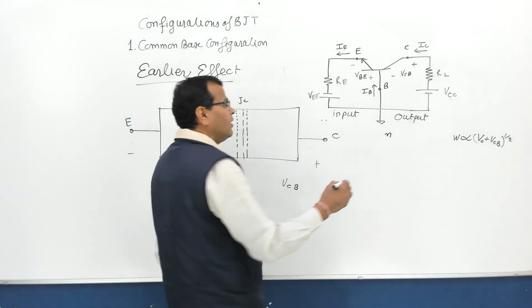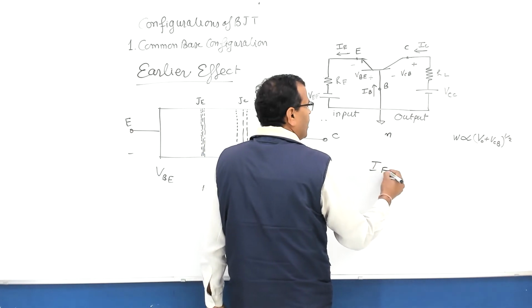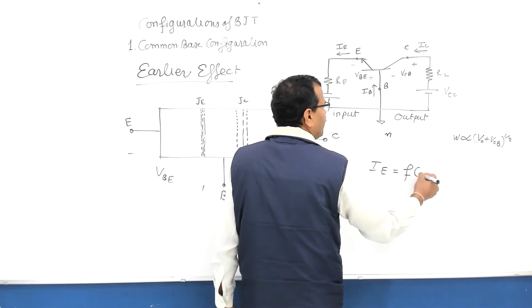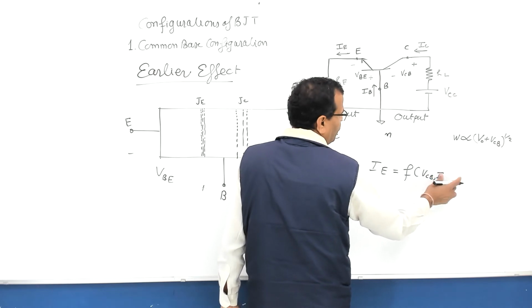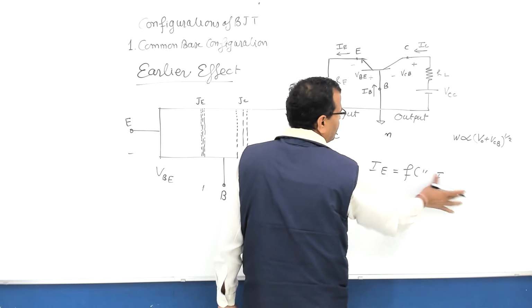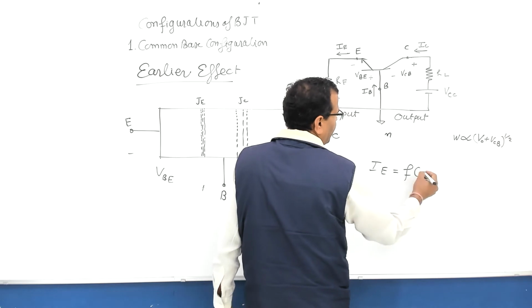If you remember, IE is equal to a function of VBE and VCB, that was your input characteristics.